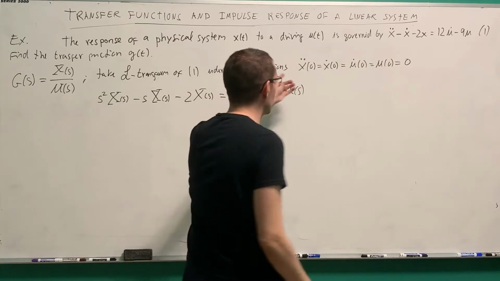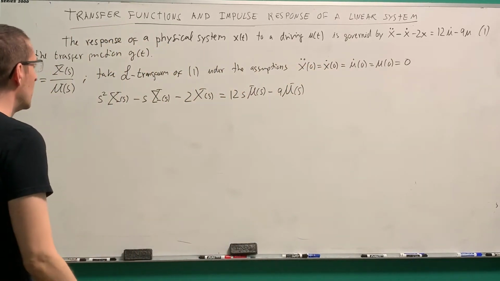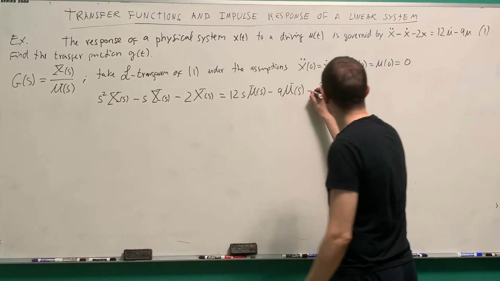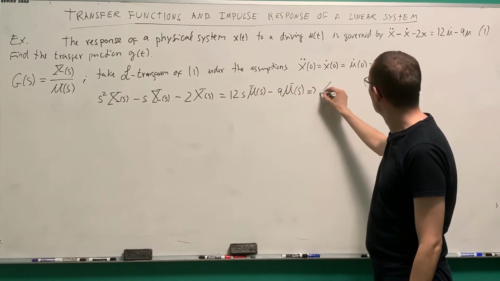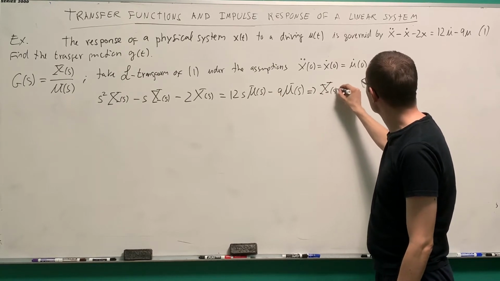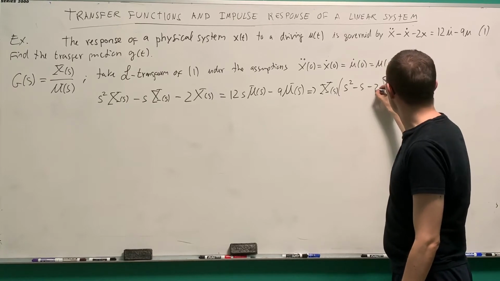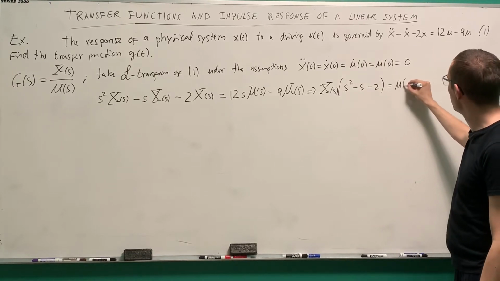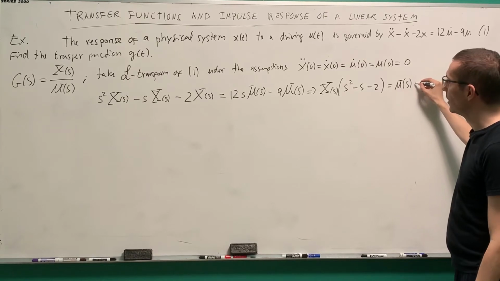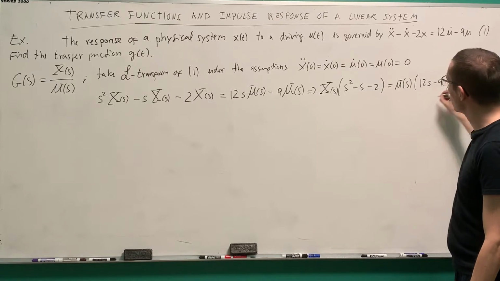There would be extra factors if these initial conditions weren't 0, but because they are 0, they're not there. Now, of course, we can factor everything that multiplies X and everything that multiplies U. So X of s is multiplied by s squared minus s minus 2, and this is equal to U of s, capital, multiplying 12s minus 9.